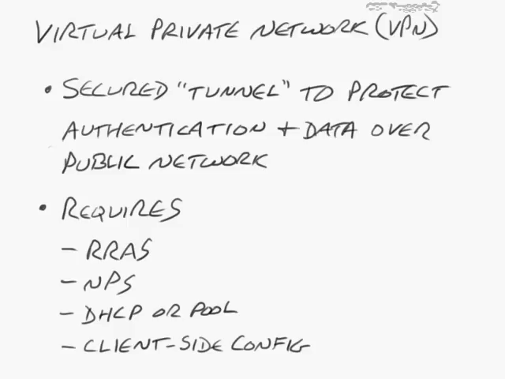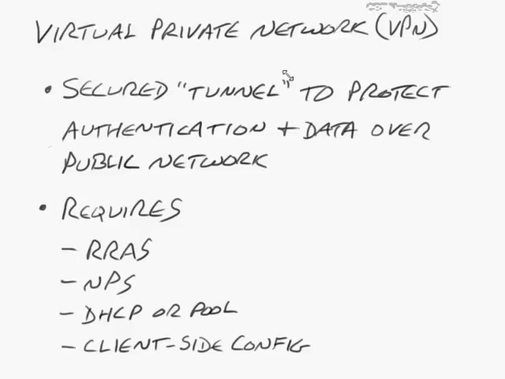Either way, when you make these connections, you should then be able to do things such as browse your mapped network drives, check your email, and do a lot of the things that you normally would do if you were physically connected to the wired network in the office.